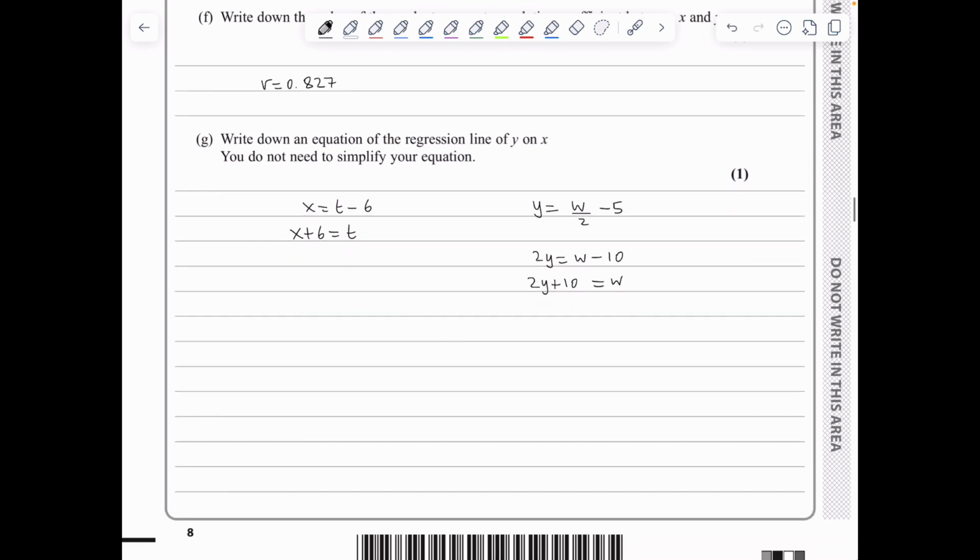Now we have already established that w is minus 16.7 plus 4.77t. So I will be replacing w with 2y plus 10. So we're looking at 2y plus 10 is equal to minus 16.7 plus 4.77 times t, which is x plus 6. And that's the final answer for part G.